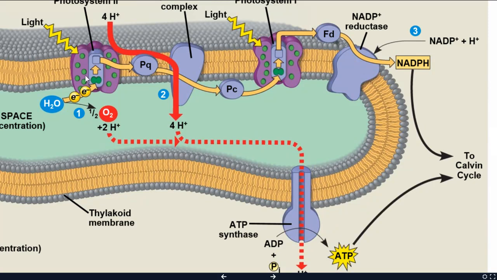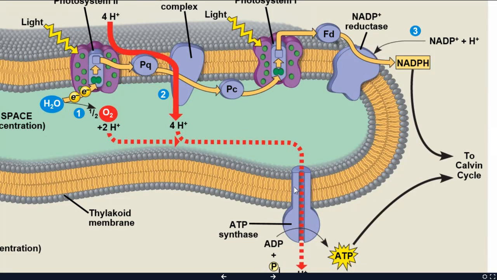As each pigment molecule gets activated, it's going to contribute more and more energy until this particular pigment molecule has enough built-up energy to rip apart a water, grab electrons from it, and in the remaining parts of the water, you're going to have hydrogens.